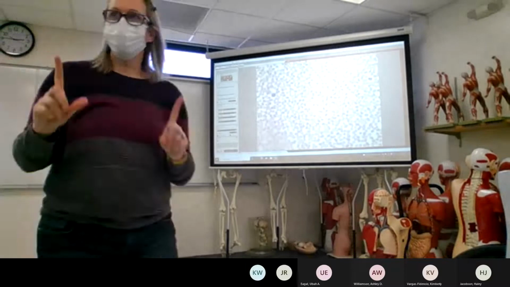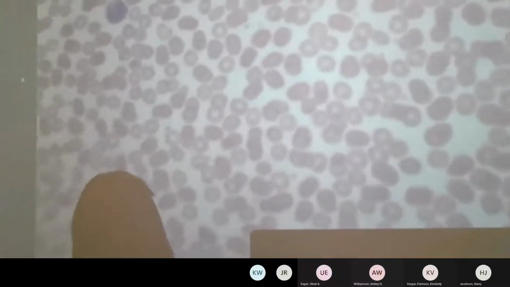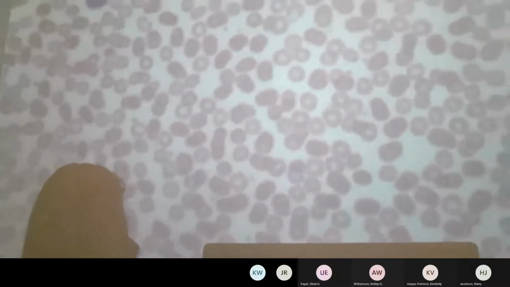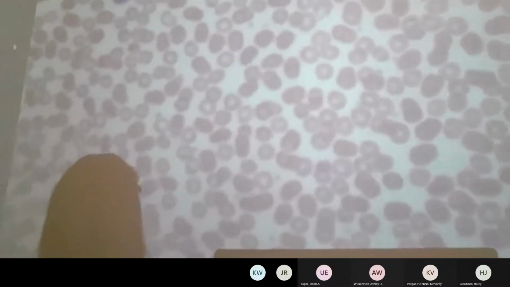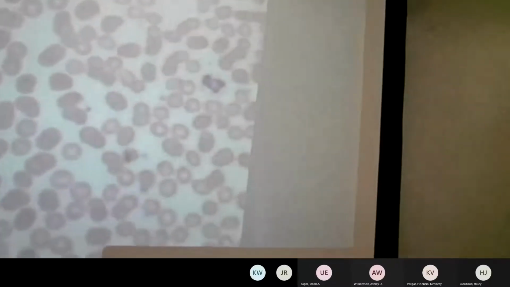The background material is 92% water. The cells are known as formed elements. Most of those cells, if you count 100, 99.9% of the time, you're going to count 100 red blood cells. In the corner here, there's a white blood cell.